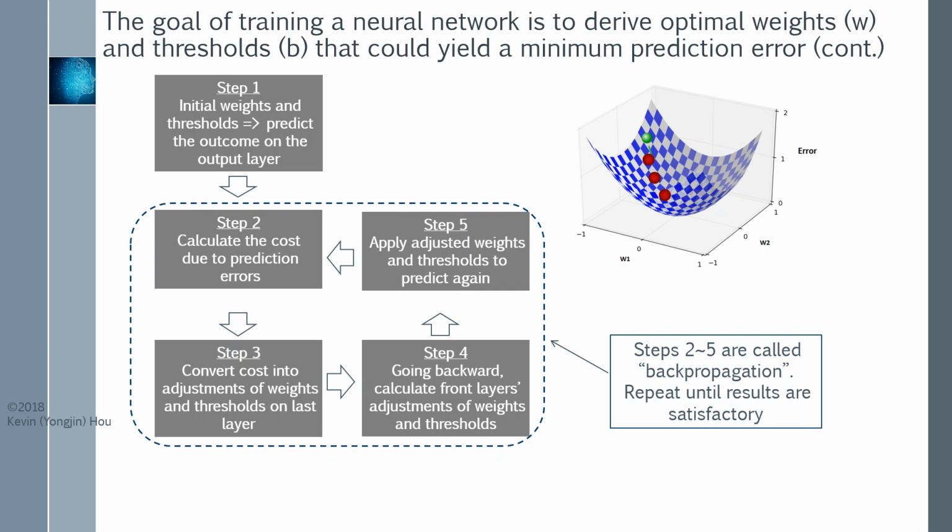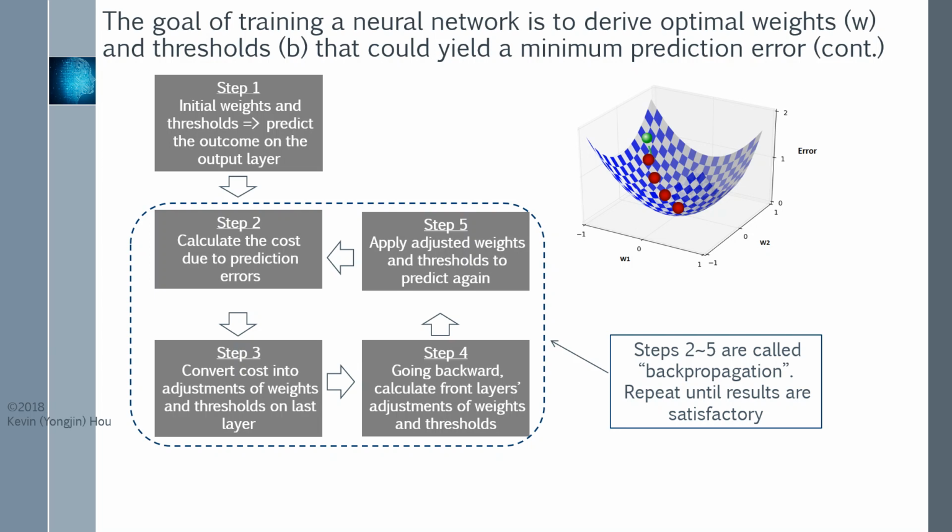Every time as we go further, the prediction error is going down and getting smaller, or the cost is getting smaller. We'll stop when we get to a point that we are satisfied with the results from the model's prediction. Then we call an end.